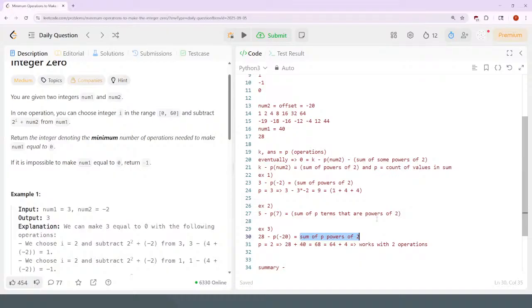So it should almost always work. I guess this is an increasing number.